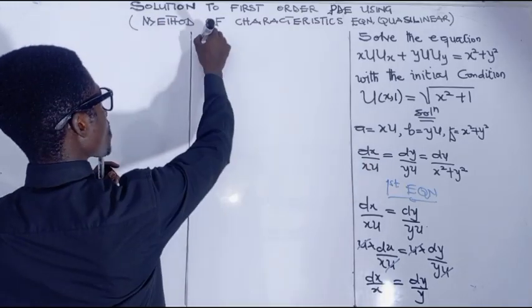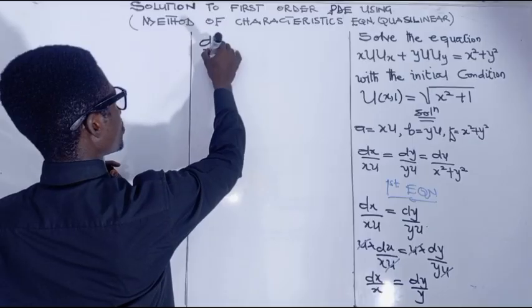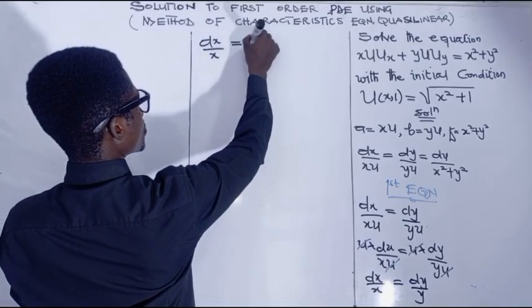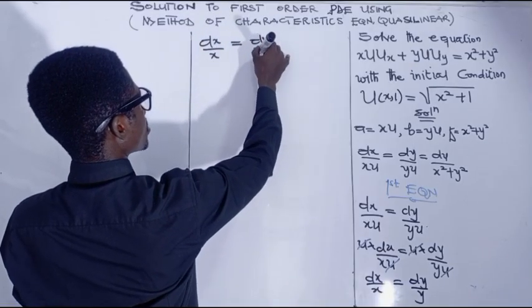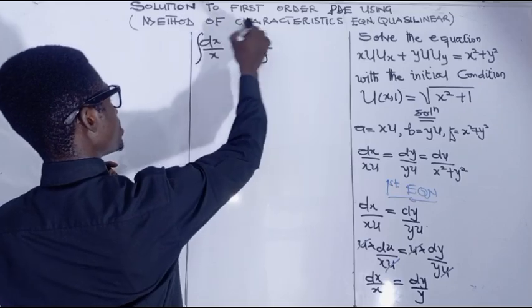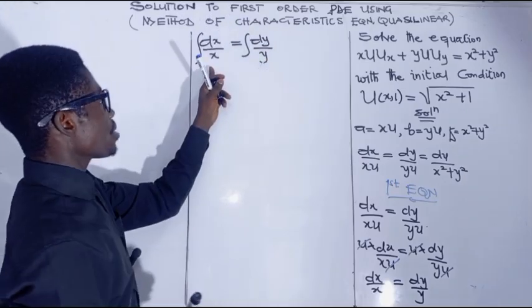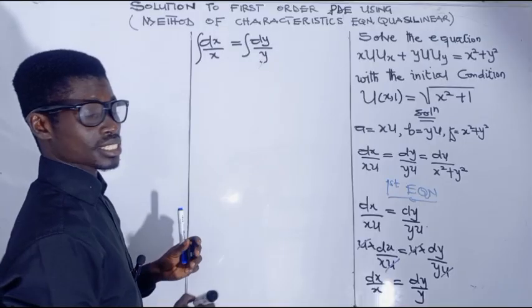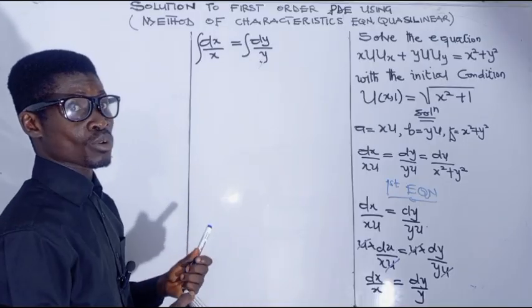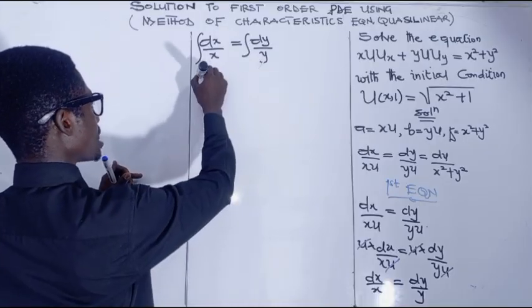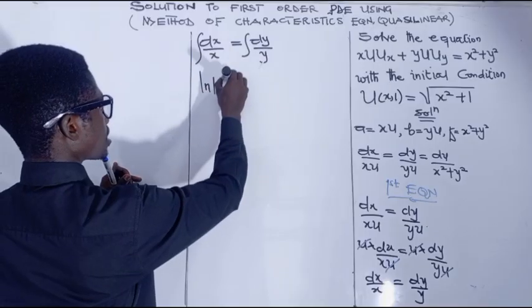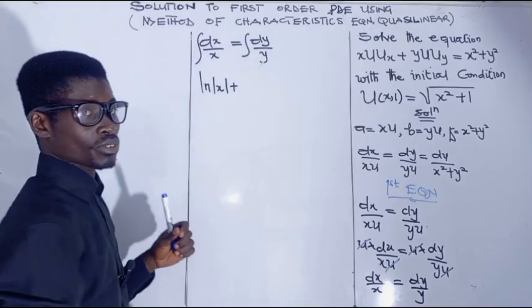So we have dx all over x is equal to dy all over y. Let's integrate with respect to x and then with respect to y. When we integrate dx over x, this one has become very common, so we don't have to think, we just say ln x. Then we add our constant of integration.